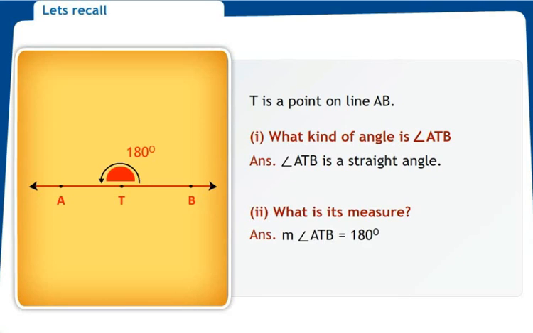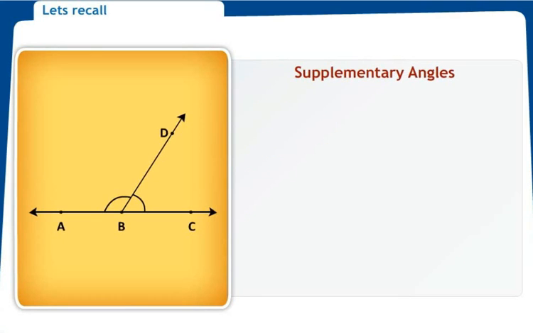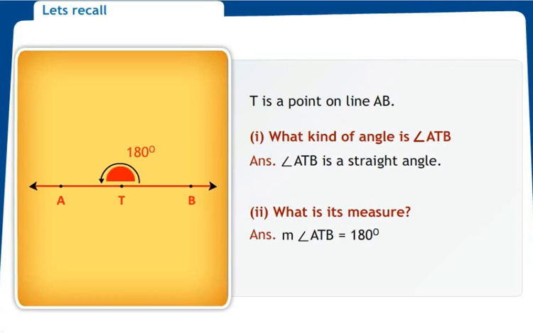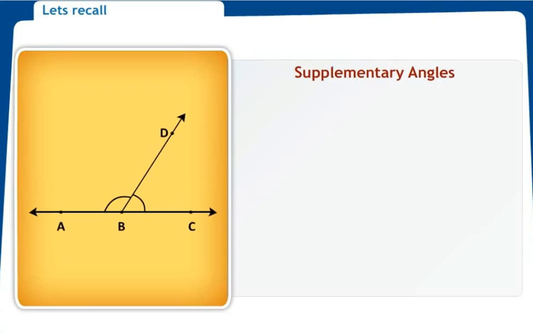So children, hence we conclude that the straight angle always has a measure of 180 degrees. Now for a straight angle, always remember you have two opposite rays meeting at a common point, and the measure of the straight angle is going to be 180 degrees.